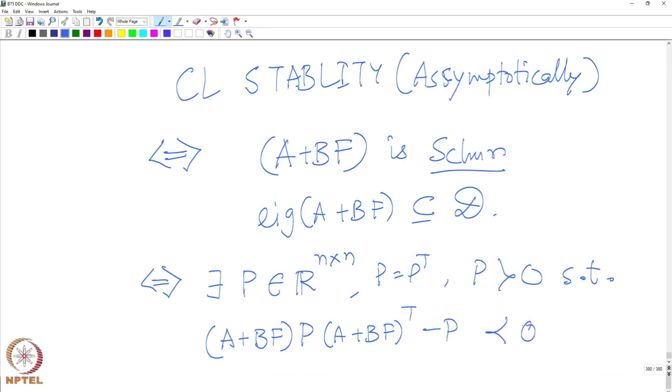That is Lyapunov's theorem for discrete time systems.